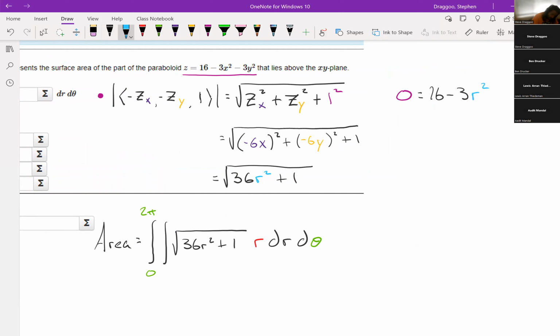Solve that thing for r. And I'm just going to pick the positive value out of the square root right away. No need to mess around with the plus or minus right here. Square root of 16 over 3. Let's call it 4 over square root 3. So our bounds for the radius, I want to start from the middle, so 0, and go out to 4 over square root 3. That's the integral that I'd like to do here.